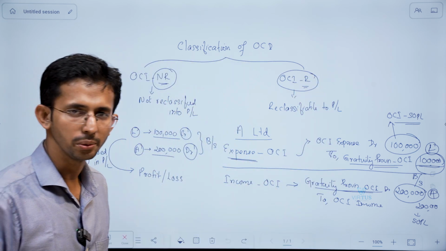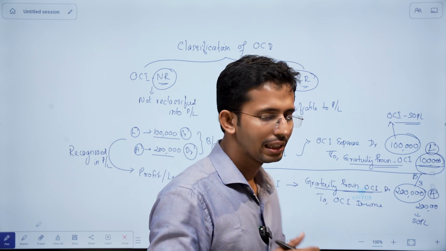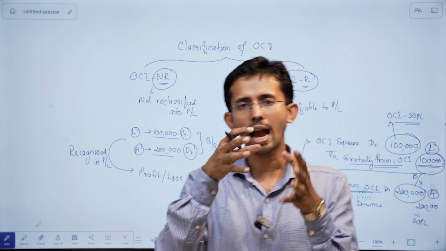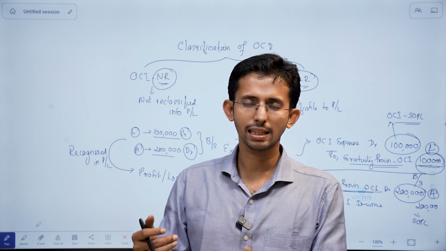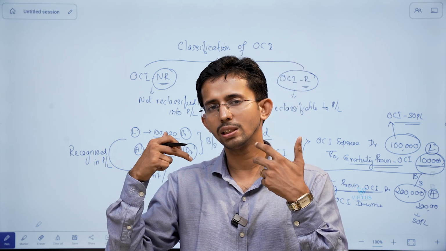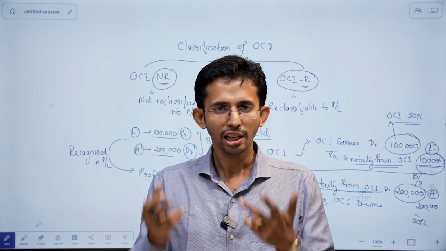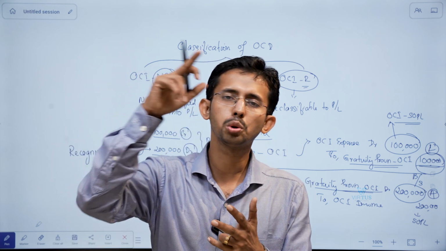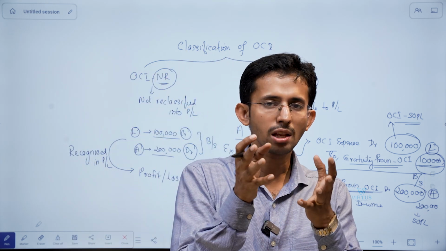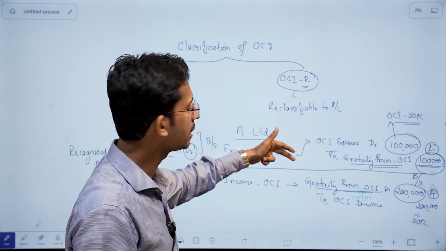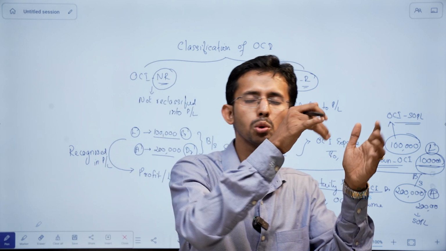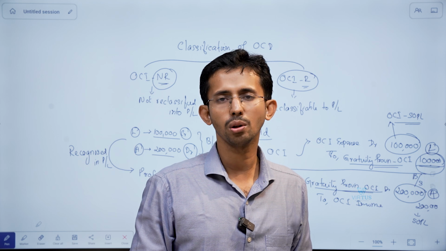I hope that is clear to you. Okay, I am talking about the year in which the OCI item is getting de-recognized from your balance sheet. Whether it is an asset or liability, in the year in which it gets de-recognized, if that item should go to the profit or loss, which means our normal profit or loss for the period. Anyway, when you created this OCI, you have not routed it through profit or loss for the year.